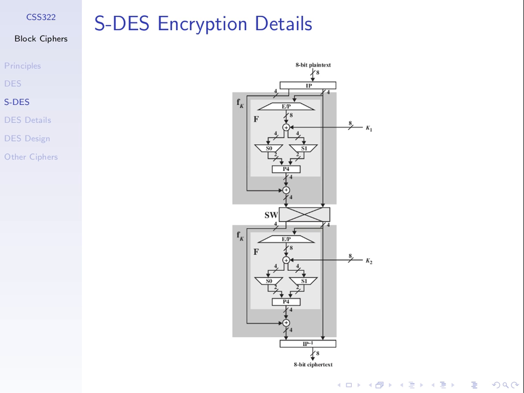The output from P4, which is 0, 1, 1, 1, and the left half of the output from the initial permutation, 1, 0, 1, 0. Exclusive OR those: 1, 1, 0, 1. Gives us 4 bits.